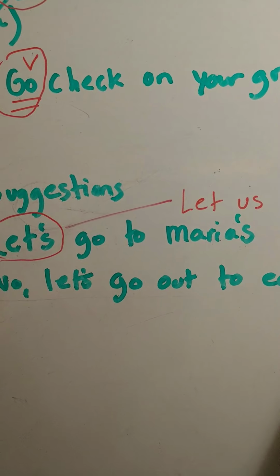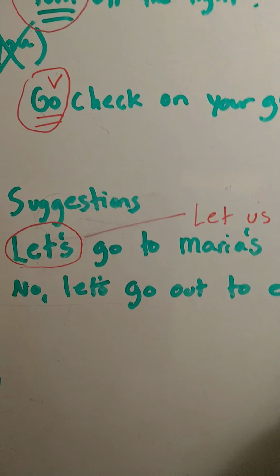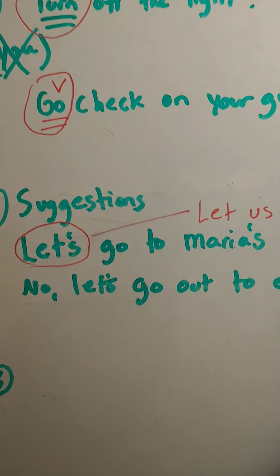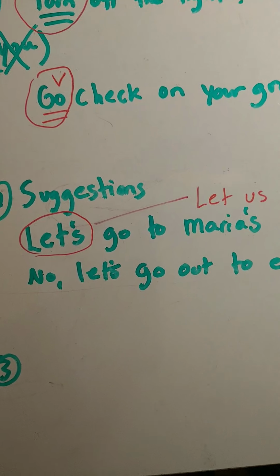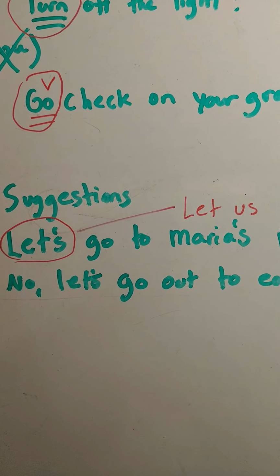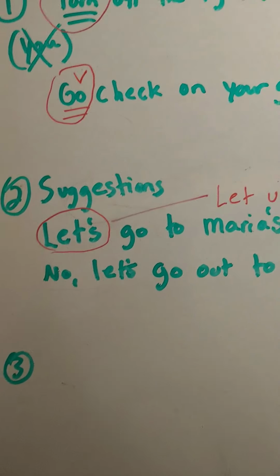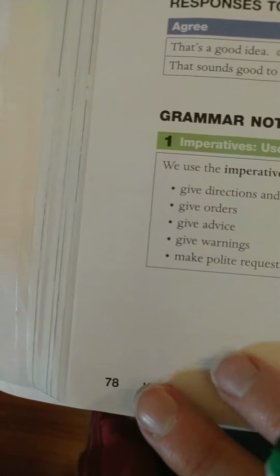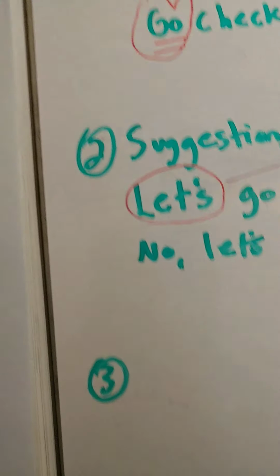So we use this a lot in English. Let's look at this, let's do that, let's go see a movie. We use it a lot. These are all in your book, by the way, page 78. I'm just trying to give you some more context.